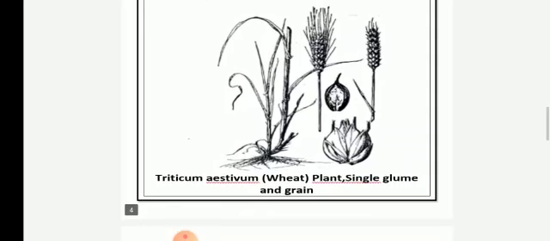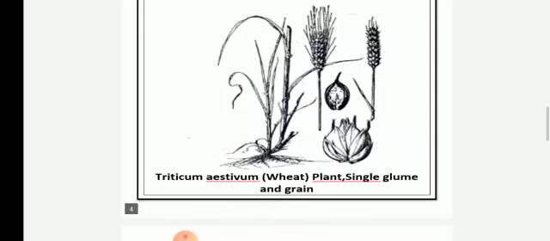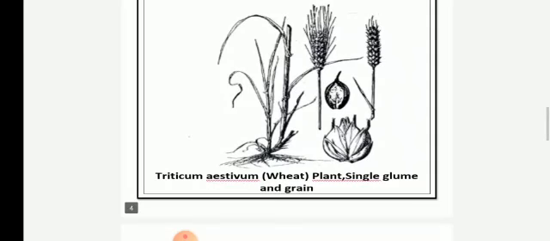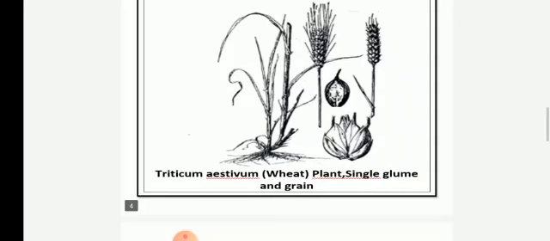This diagram shows plant of Triticum aestivum or wheat. It shows fibrous roots, leaves, tillers, then spike type of inflorescence with spikelets, and grains are present in this spike type of inflorescence.